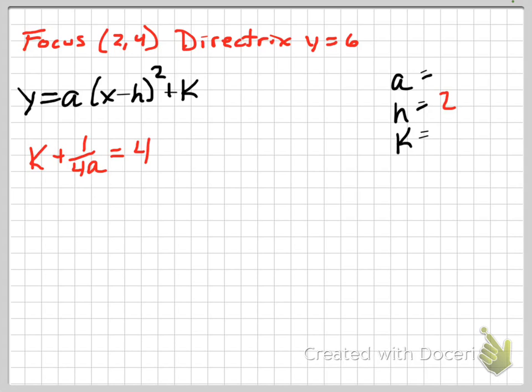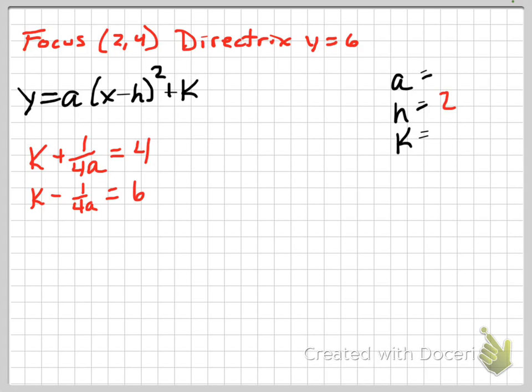Because it is the y coordinate of the focus, according to your cheat sheet. What does k minus 1 over 4a equal? 6. I'm just taking what I've been given.